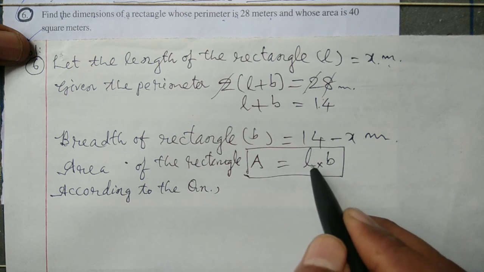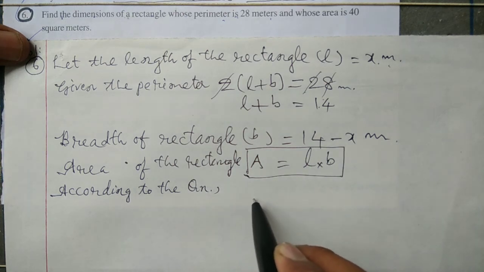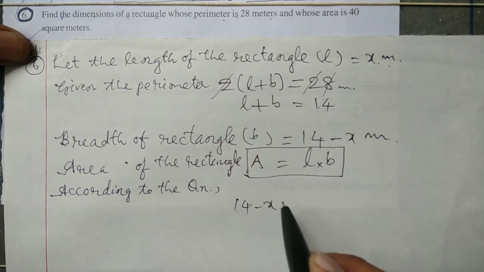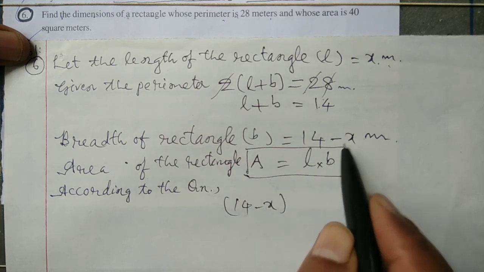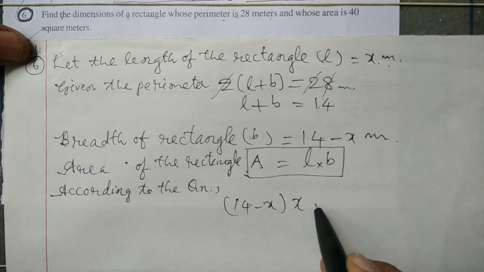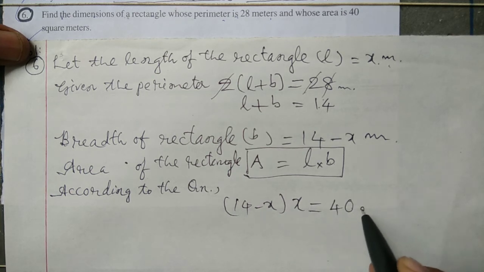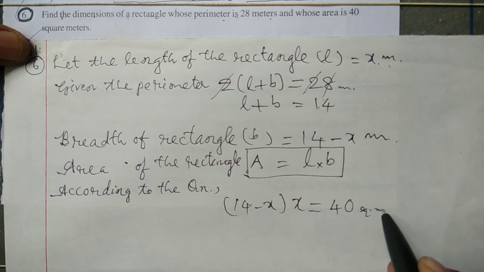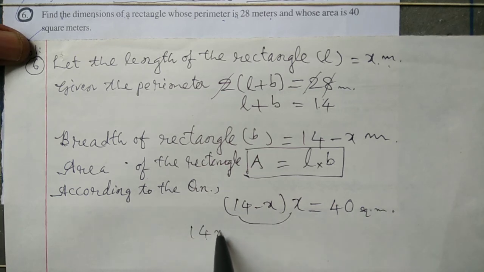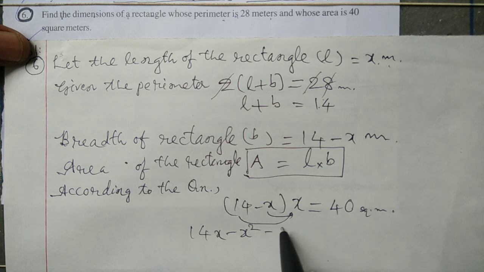So length 14 minus x into breadth x is equal to given 40 square meters. 14 into x, 14x, x into x, x square, minus 14x is equal to 40.